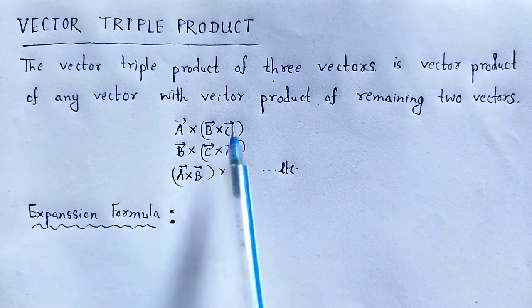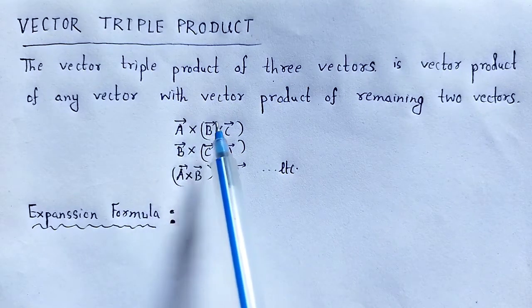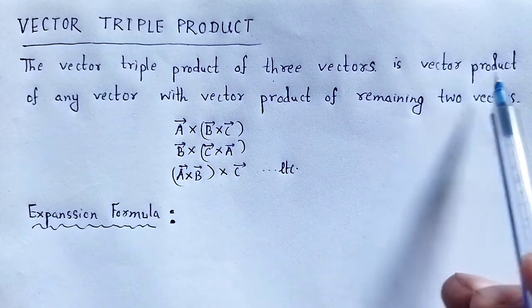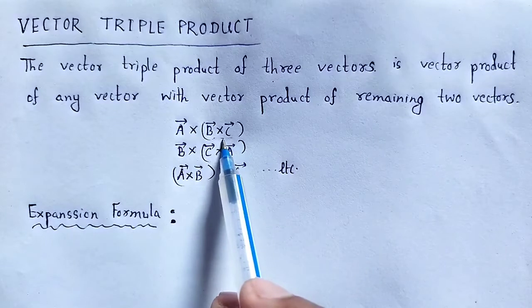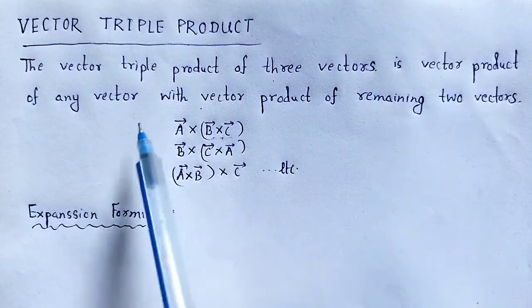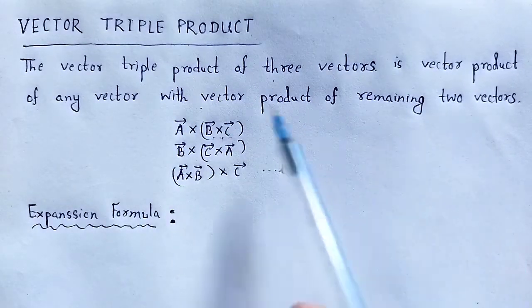Let A, B and C be three vectors. The vector triple product is the vector product of any vector with the vector product of the remaining two vectors.